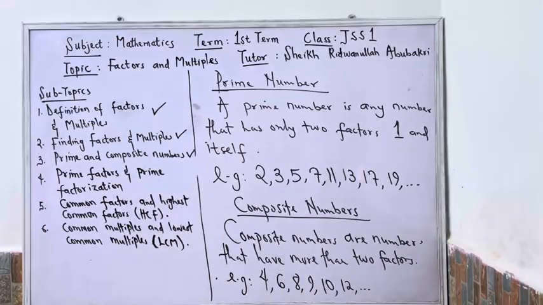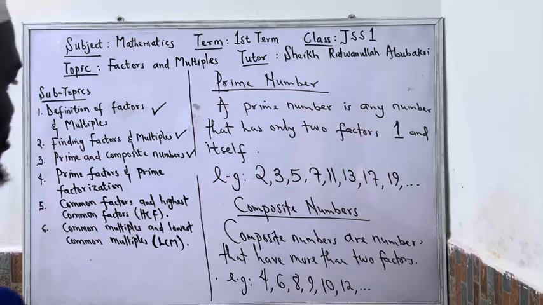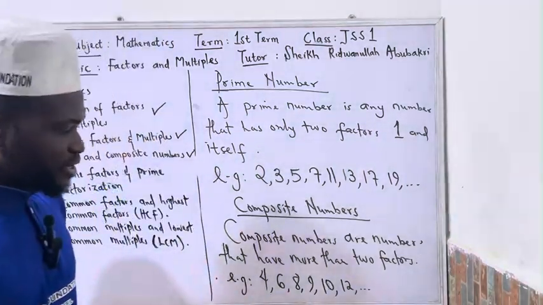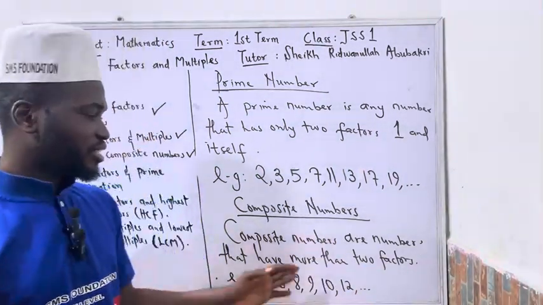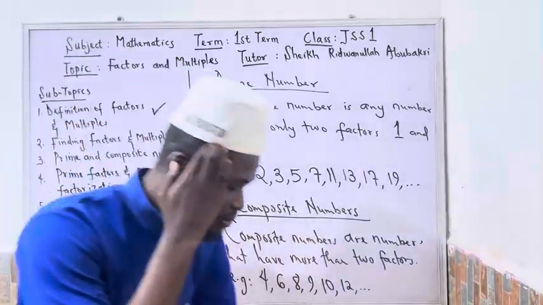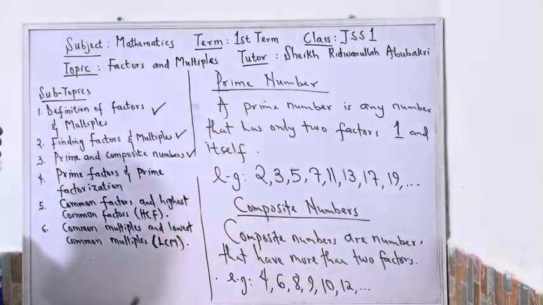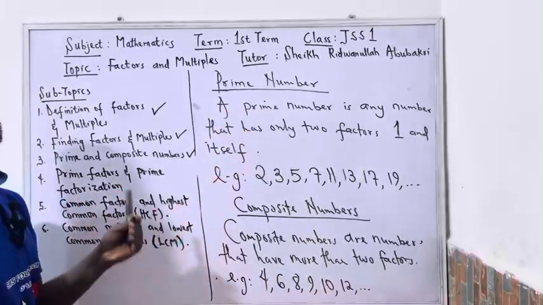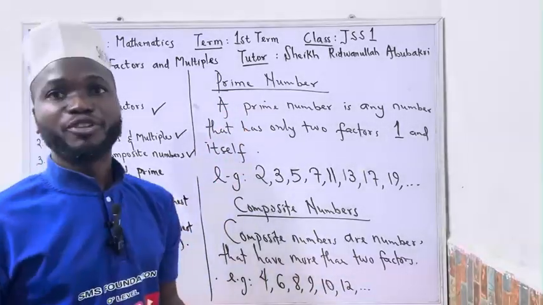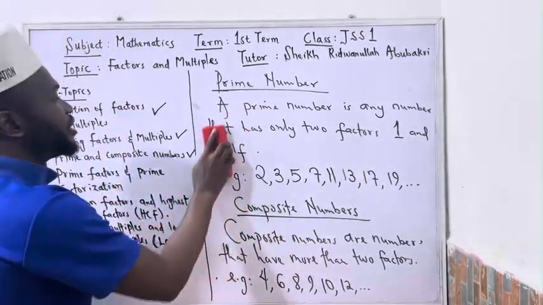We have many of them among numbers. So any number that can be expressed in this, let me just show you how we can differentiate between prime number and composite number. So good.